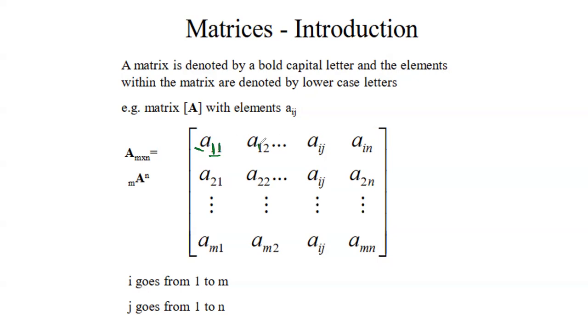This is in row 1, column 2, and so on, right? So the I is the row and the J is the column, right? So down here, what you really mean is this element is in the mth row and the nth column, right? It's kind of funny, yeah.